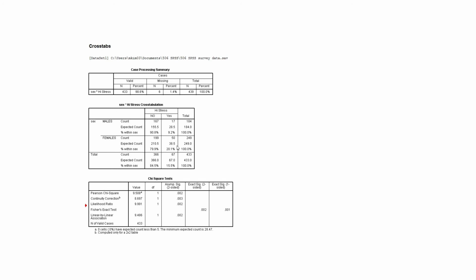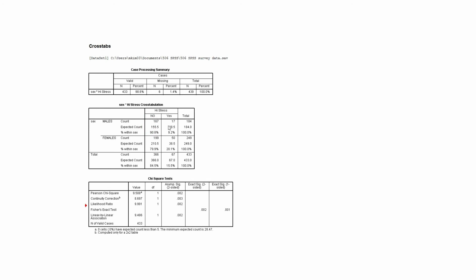And as I briefly explained in the beginning of this video, the null hypothesis of chi-square test is 2 categorical variables are independent in the population. If we apply this to our situation, our null hypothesis is that sex and high level of stress are independent from each other in the population.